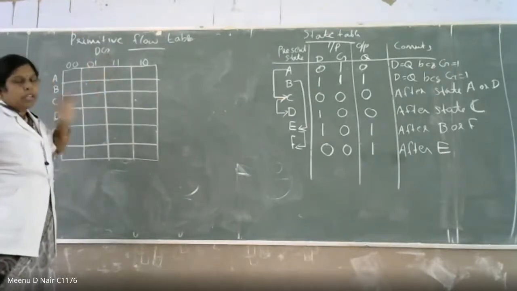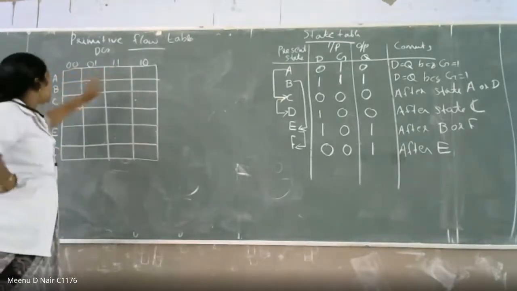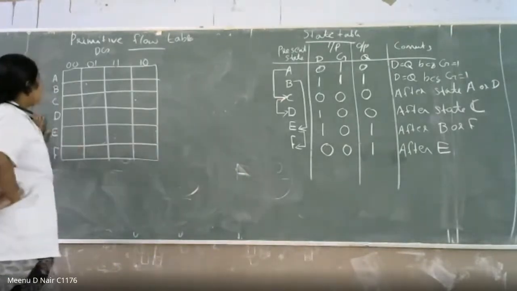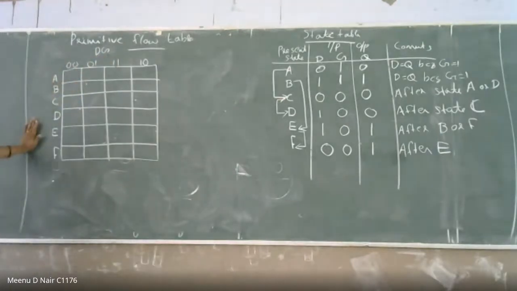So you have 2 inputs, B and G, and that's what you are writing: 0 0, 0 1, 1 1, 1 0. Totally 6 states are there: A, B, C, D, E, F. So the input is in the column wise and the states in the row wise. You complete up to this, then we'll proceed further.